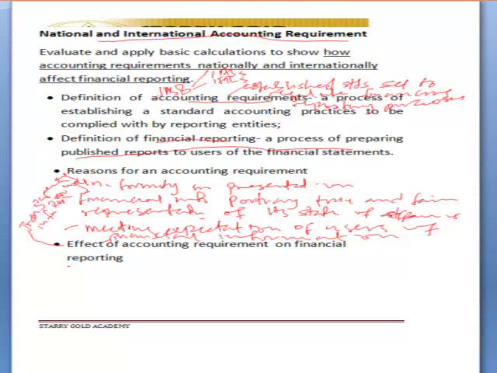For instance, let's say JC Limited bought school bags. Let's take for example, he bought 1,000 school bags for 2 naira 50 kobo each.